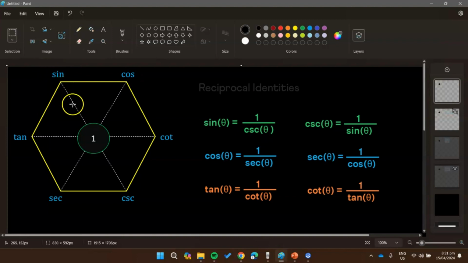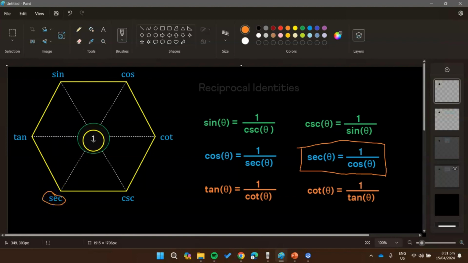So again, notice we have here a dotted line that entails a connection between sine and cosecant, cosine and secant. Now, secant theta is just given by 1 over cos. And again, using this magic hexagon, this is just secant theta is equal to 1 over cos.